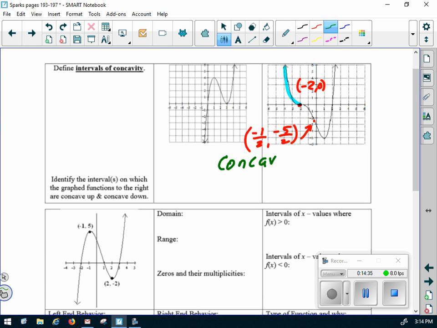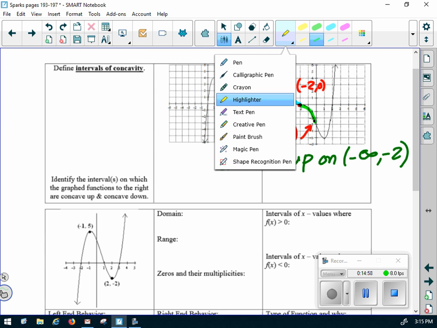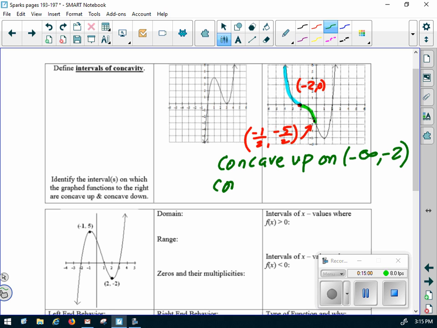Concave up on what interval? From where to where? -∞ to -2. Concave down, let me do it this way.